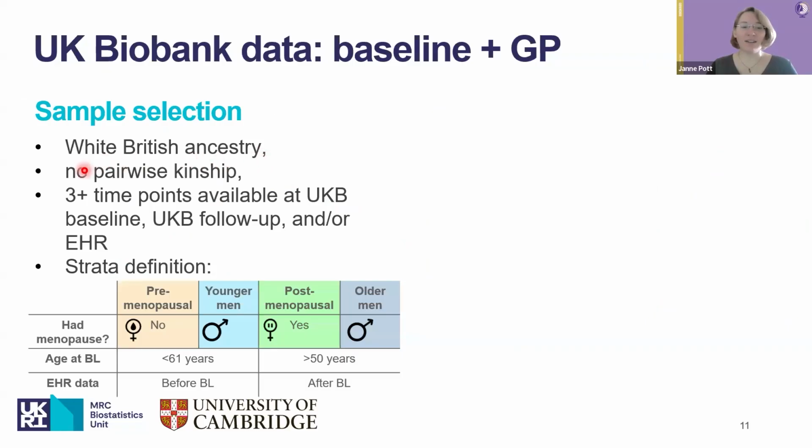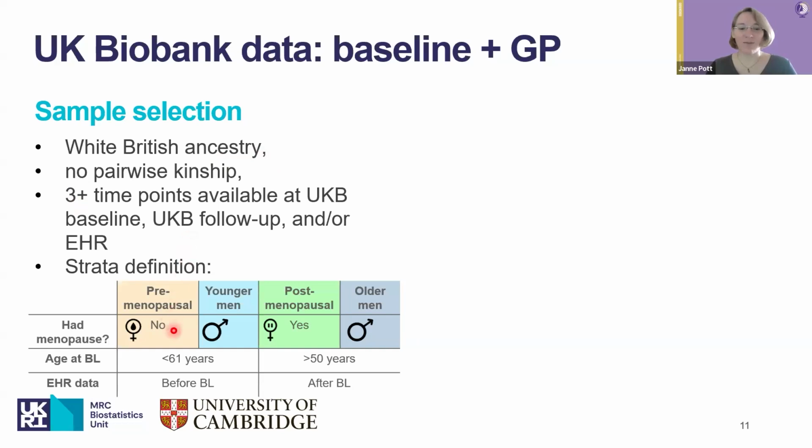I excluded anyone with a pairwise kinship, so like mother-daughter pairs or siblings, because the longitudinal model doesn't really allow for correcting for that. And I had at least 3 data points per individual just to allow some variability estimation. If you just have 1 time point or 2, it's really hard to estimate a variability there.